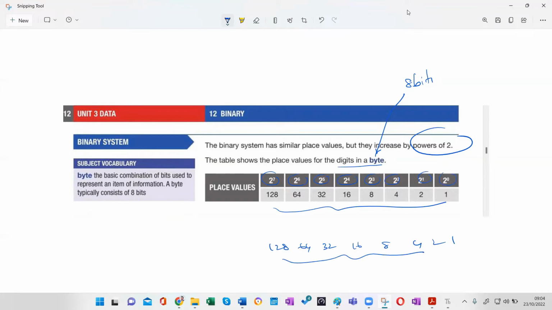But if you go beyond, it will be 256, 512, 1024, 2048, 4096. You're just doubling the value. But you don't need to go that far. Just 8 bits is fine.